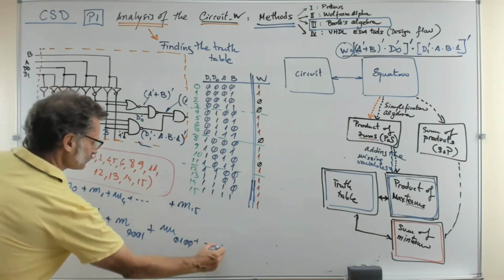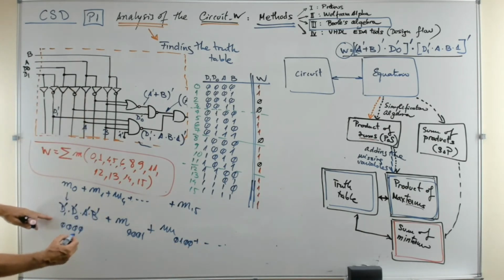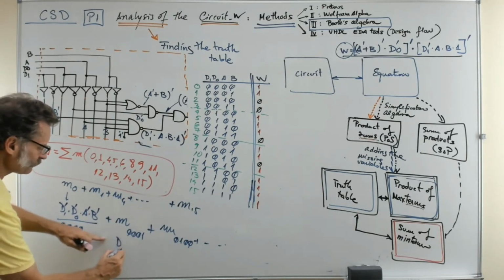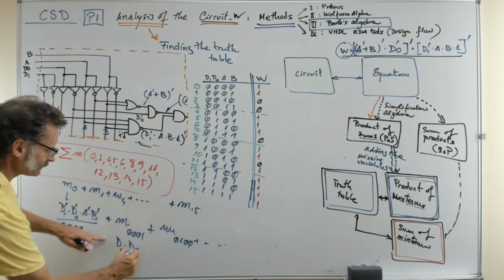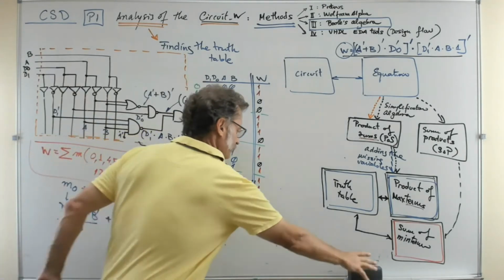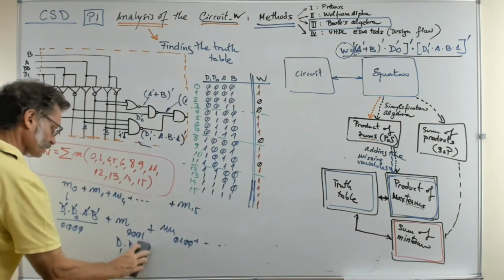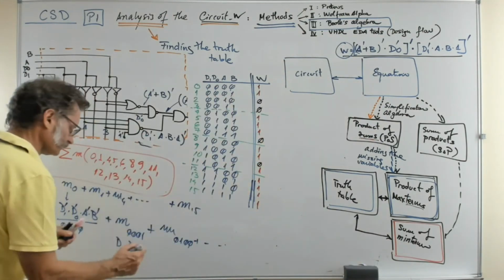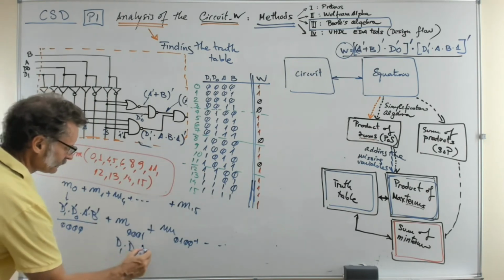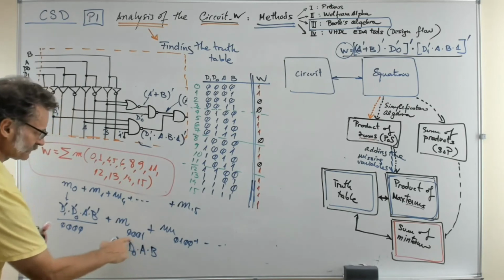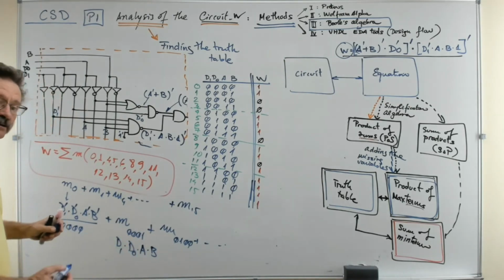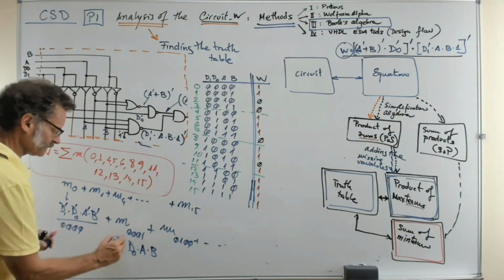So if this is the minterm 0, the minterm 1 can be represented as D1 and D0 and A, and B. You see, the variables must be ordered, that's the key point. D1, D0, A and B, but because D1, D0 and A are zeros and we are talking about minterms, you know that here it is a not.